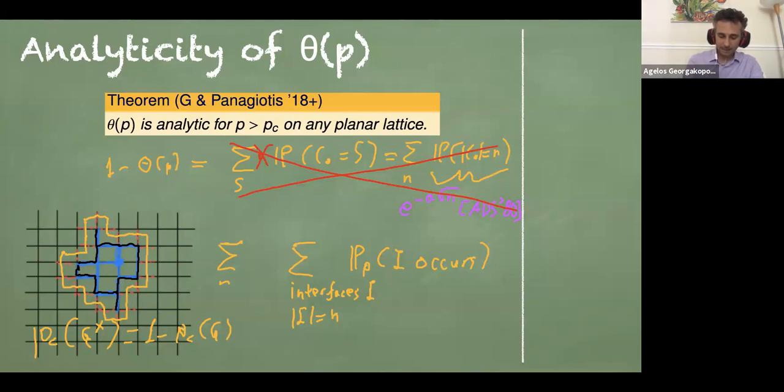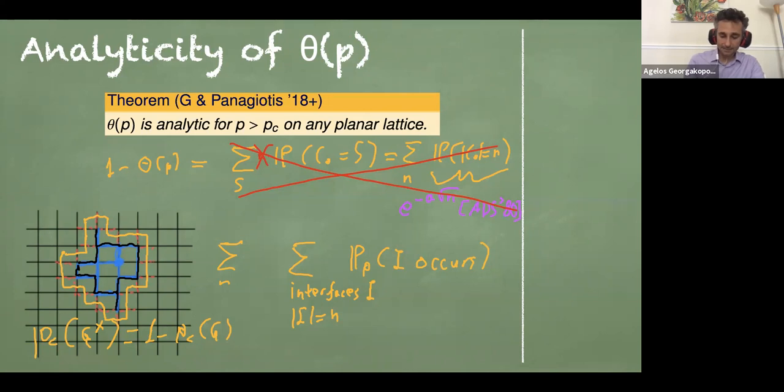And when I say I occurs, I mean that all these black edges are open and all the little red edges sticking out are closed. If such an event happens, I know that my cluster is finite.